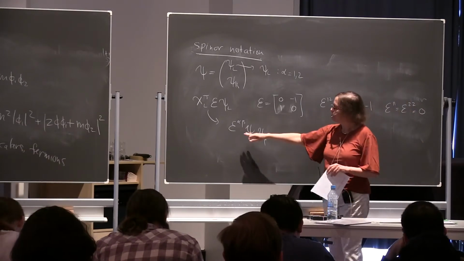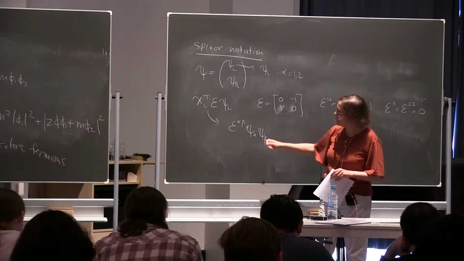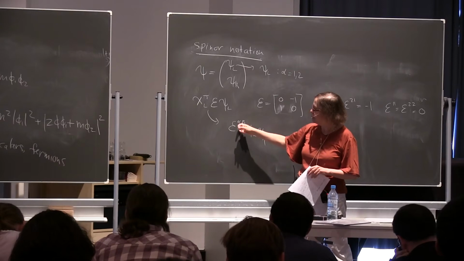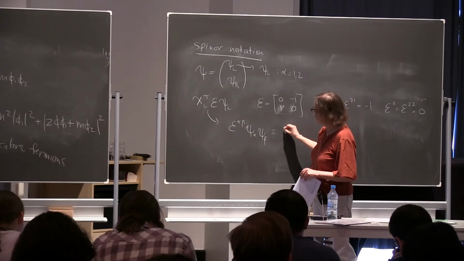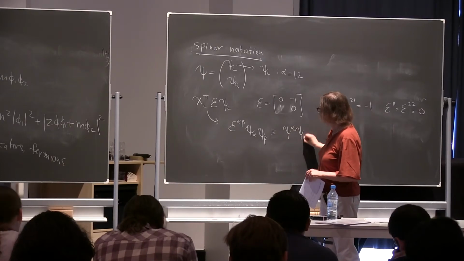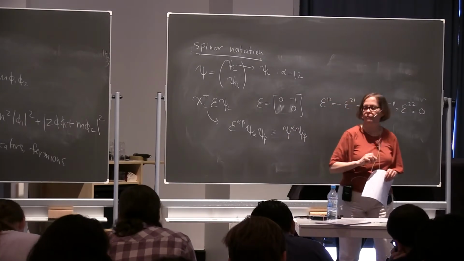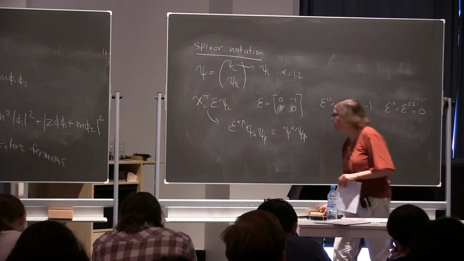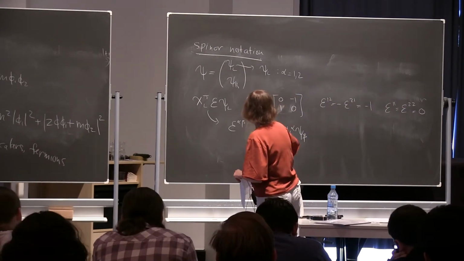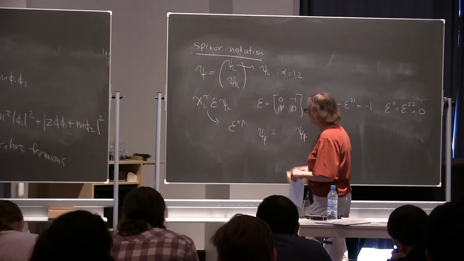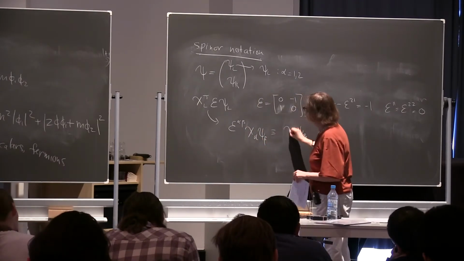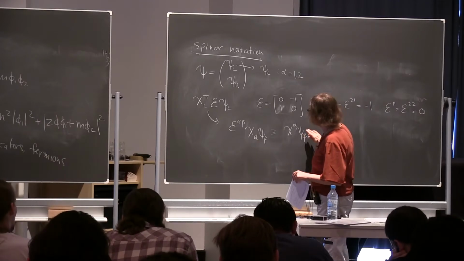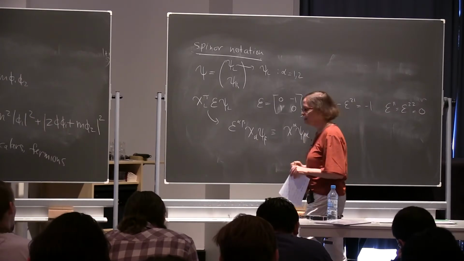Okay, so we can write it in this way, and then we can use the epsilons to raise and lower indices. So this thing I can define to be psi alpha, psi beta. Okay, and my chi's and psi's change too. So let me take care of that. So this was supposed to be chi alpha, and this was supposed to be chi alpha and psi alpha.